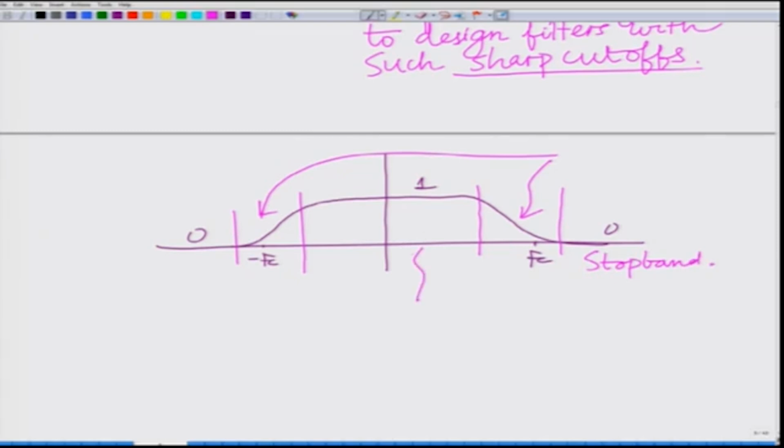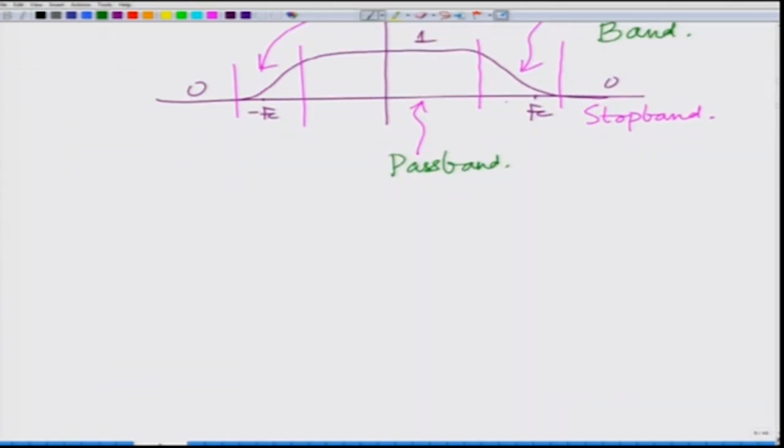This is your pass band where the gain is equal to unity, which means these frequencies are passed, and these are the bands where it is transitioning from the stop band to the pass band or the pass band to the stop band, from 1 to 0 or 0 to 1. These are the transition bands. Ideal filters have a zero transition band, but practical filters have a finite bandwidth of transition.